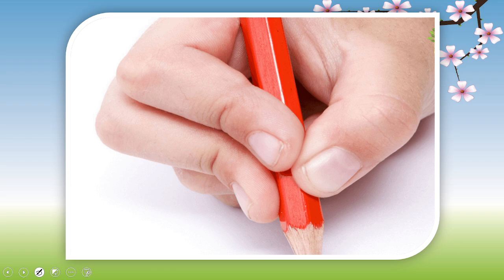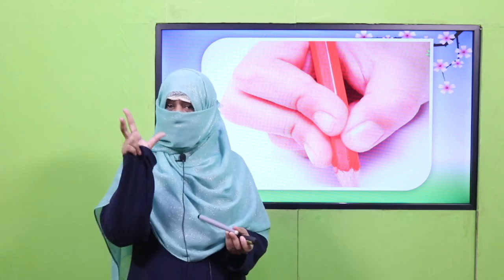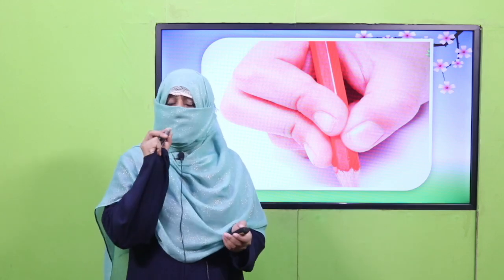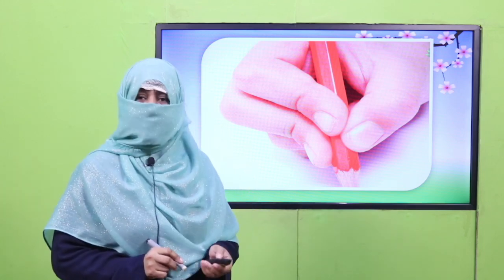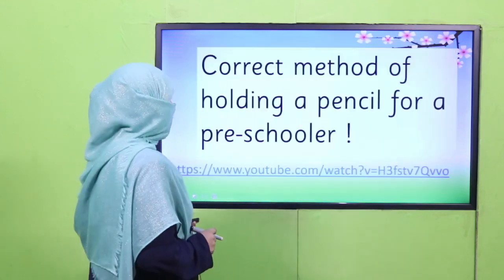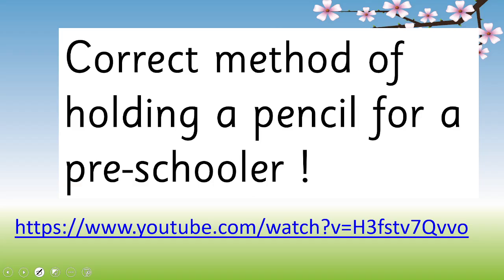Here is one important message, that is to hold the pencil properly. Remember, I taught you we use these three fingers to hold the pencil. Still, my dear teachers, if any of these students needs assistance, kindly go to our website and teach them holding a pencil properly.